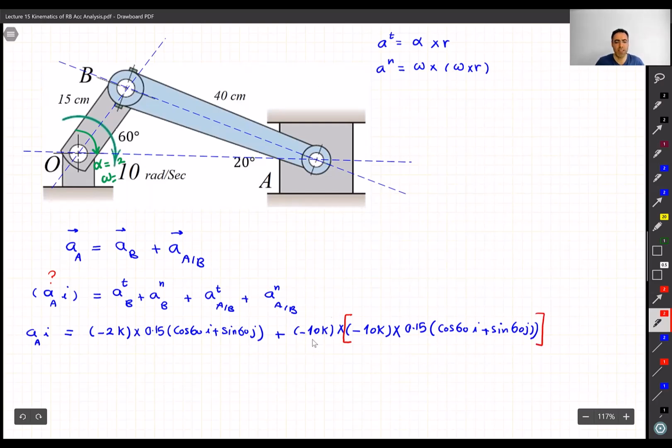Then we multiply it by 10K. Otherwise, we get 0, right? So remember, always we put a bracket here.